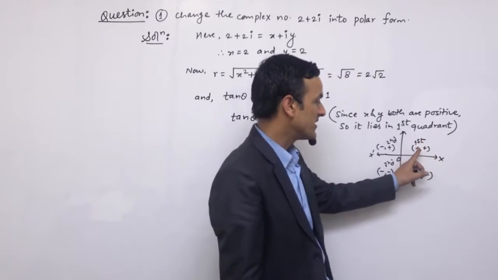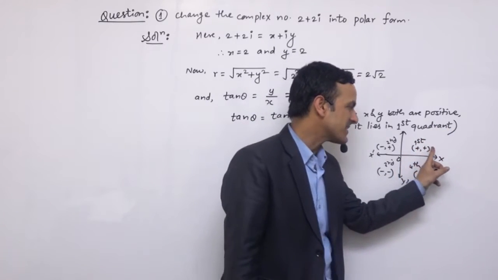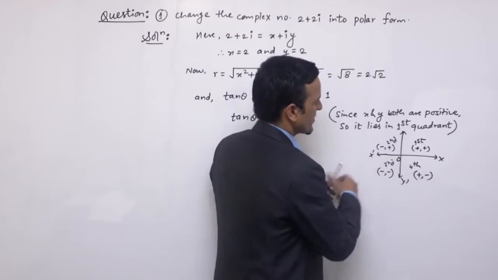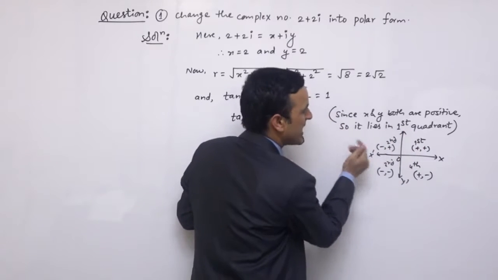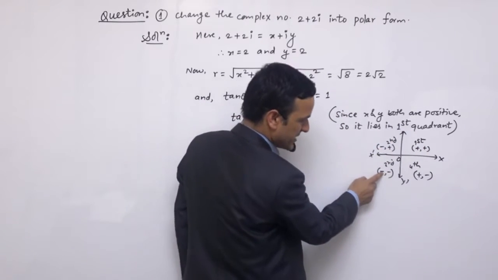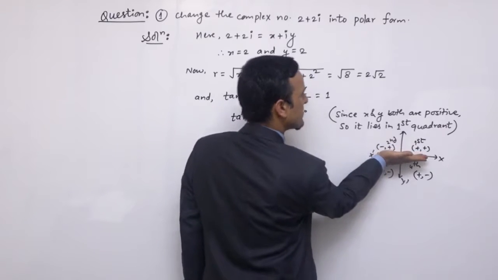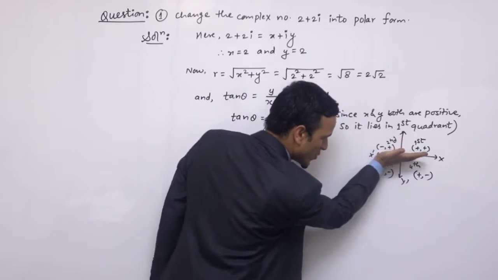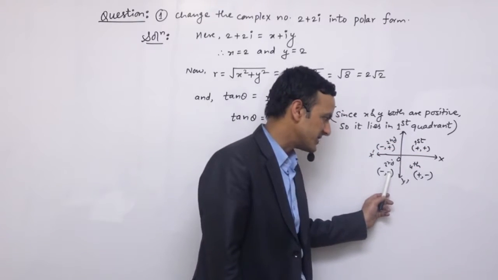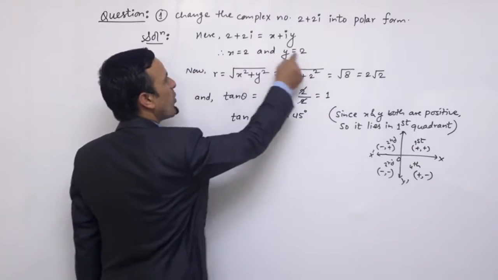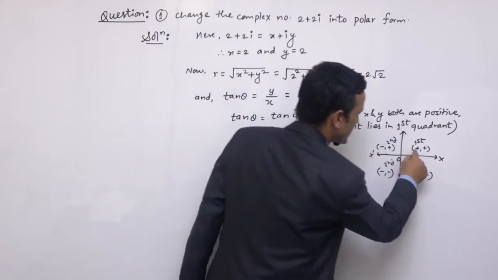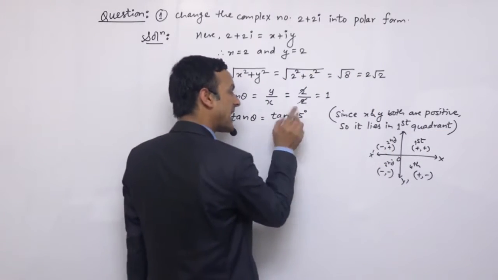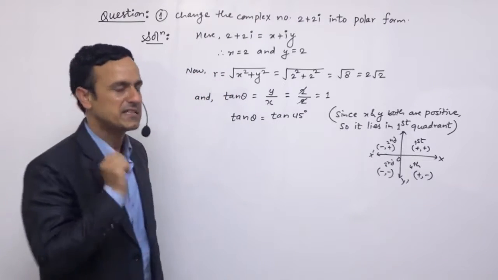So in first quadrant, the sign of x and y both are positive. यो y एक्सिस भन्दा यतापट्टि आउँदा x को साइन नेगेटिभ हुन्छ, अनि x एक्सिस भन्दा माथि जाँदा y को साइन अलवेज पोजिटिभ हुन्छ, तर x एक्सिस को बिलोमा चाहिँ y को साइन अलवेज नेगेटिभ हुन्छ. So our x and y both positive means this plus plus sign belongs to the first quadrant. That's why our angle should lie between 0 and 90 degree.